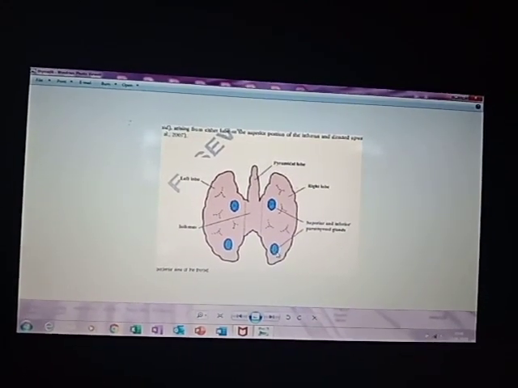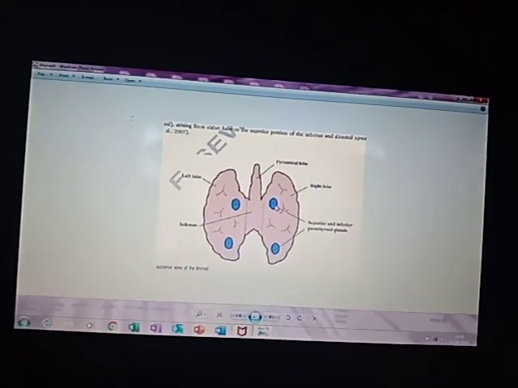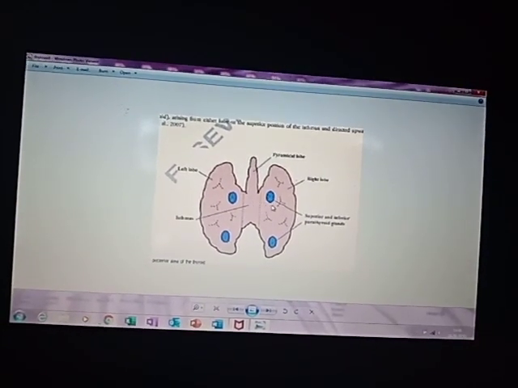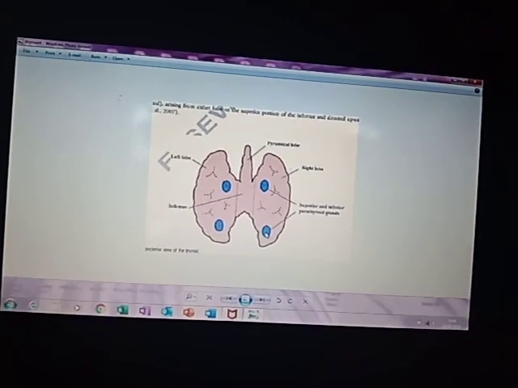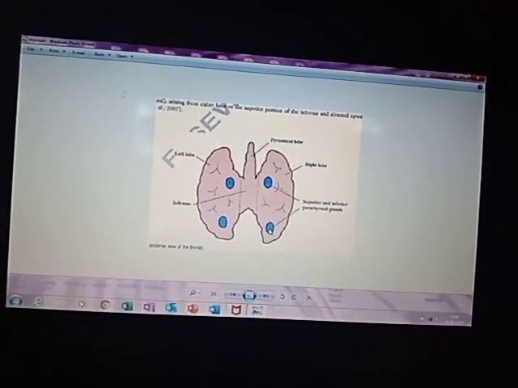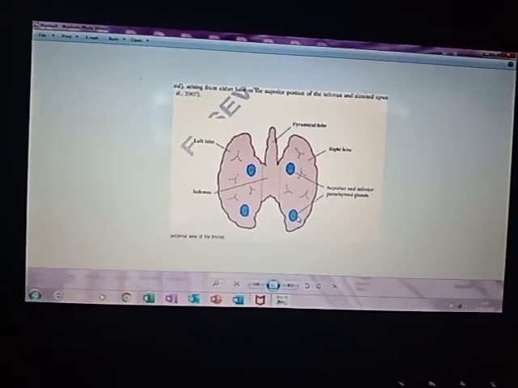One is near the base or lower pole of the thyroid gland, and another at the middle of its posterior surface. These are the superior and these are the inferior parathyroid glands. The parathyroid glands are closely attached to the thyroid gland.